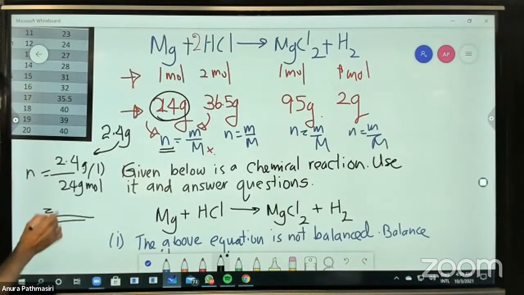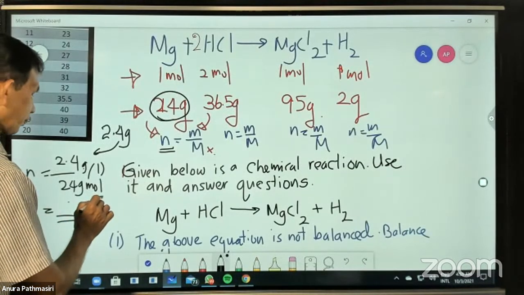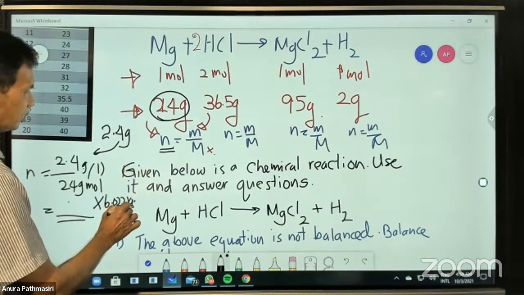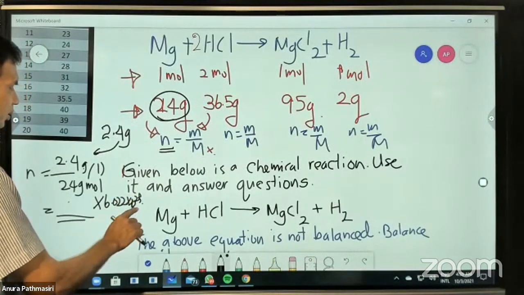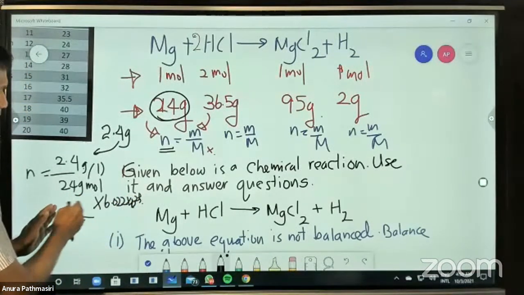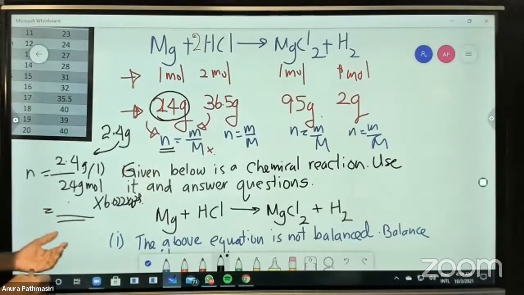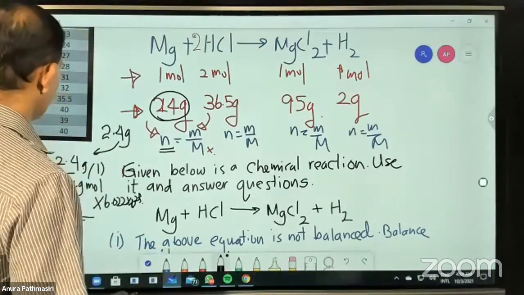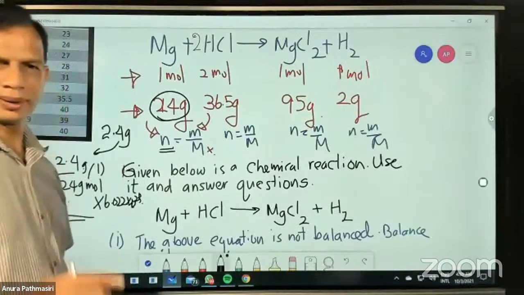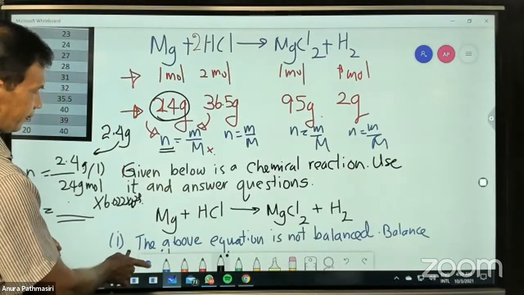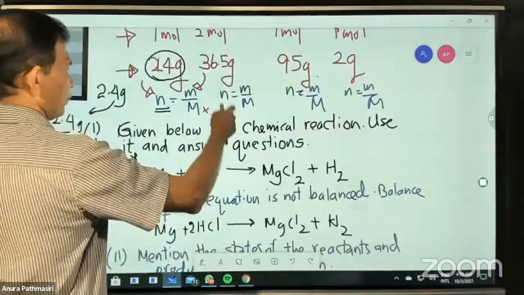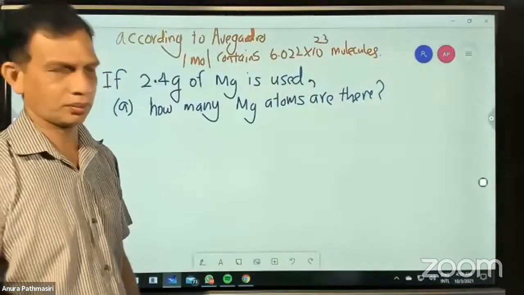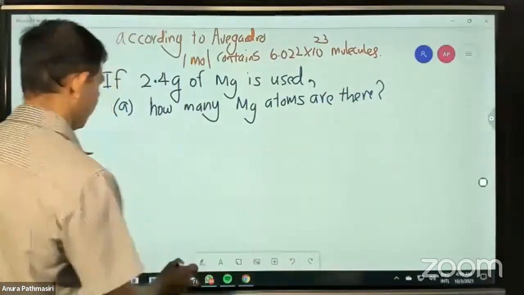Then you multiply that by 6.022 times 10 to the power 23, because one mole has this, and then the given amount of moles times that one. So finally you will get the total number of atoms or molecules available there. Could you understand what I said? Yes, sir. Now still I'm relying on one, and I'm going to change next time, and you have to answer the questions that I give you alone.